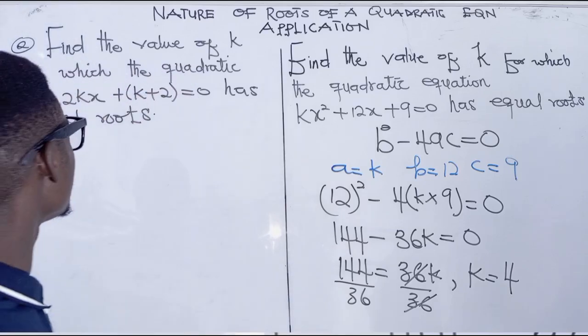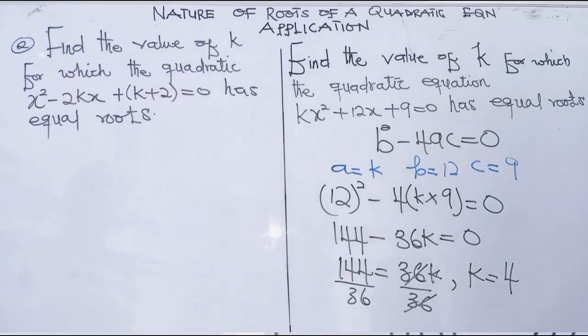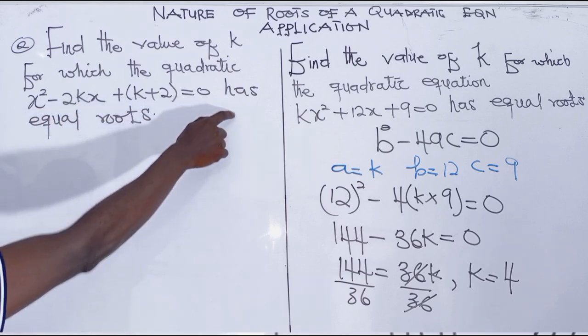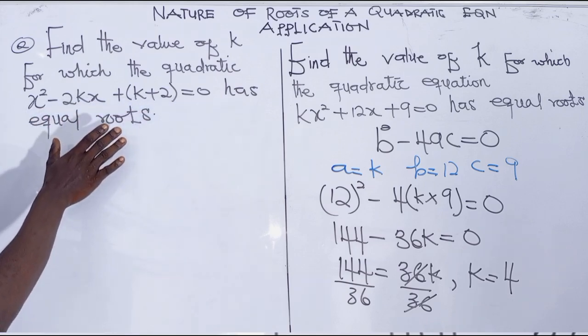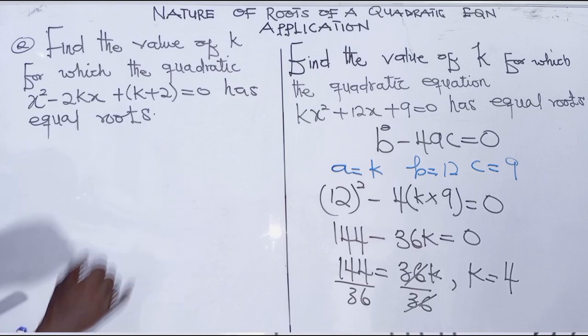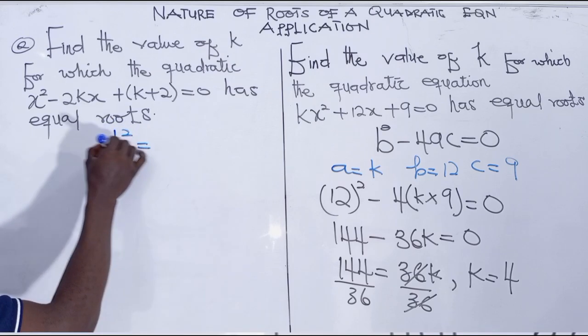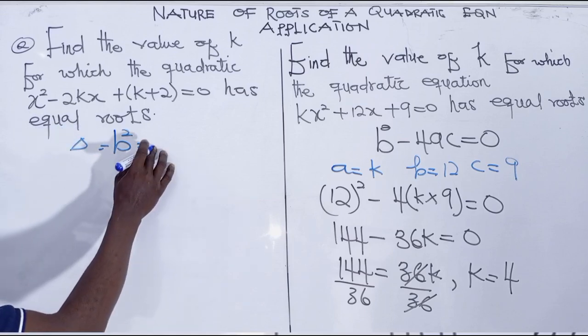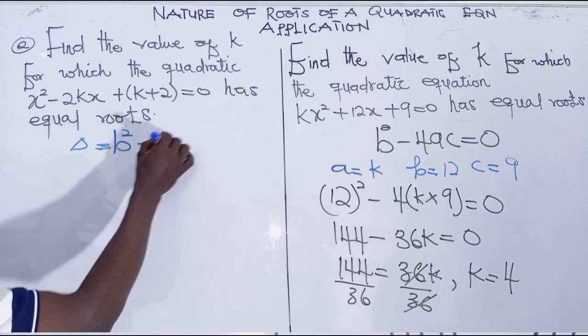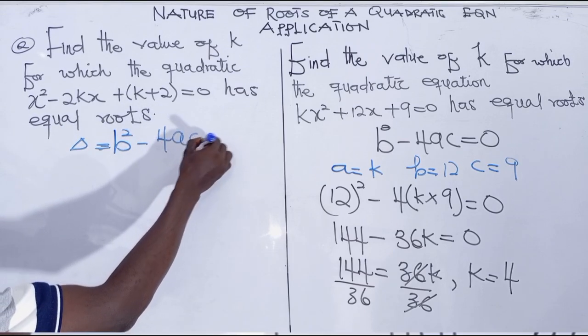Let's look at this example. We want to find the value of k for which the quadratic equation, which is this one, has equal roots. So if this quadratic equation has equal roots, then it means that the discriminant is equal to what? 0. Good.